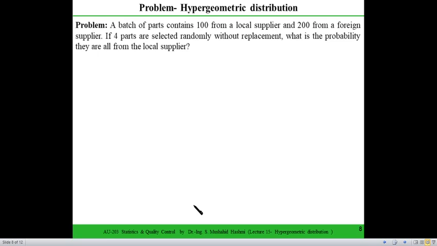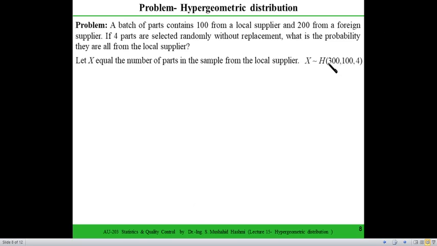You need to use the hypergeometric distribution. What is the probability that they are all from the local supplier? Let X be the number of parts in the sample from the local supplier, which is a random variable. Here the parameters are capital N equal to 300 and A equal to 100, the total number of parts from the local supplier, and we are picking only 4.